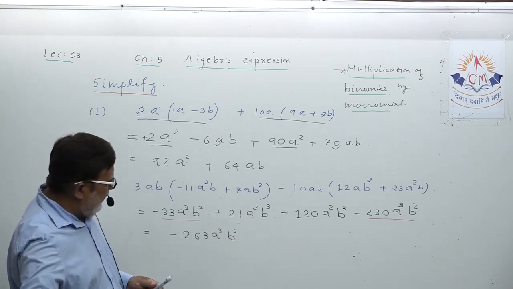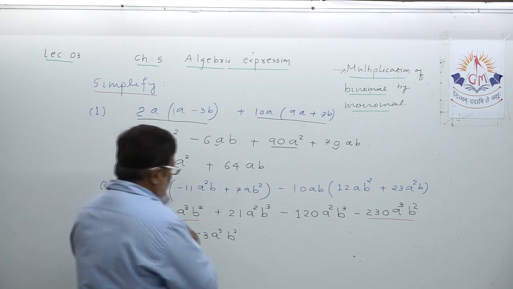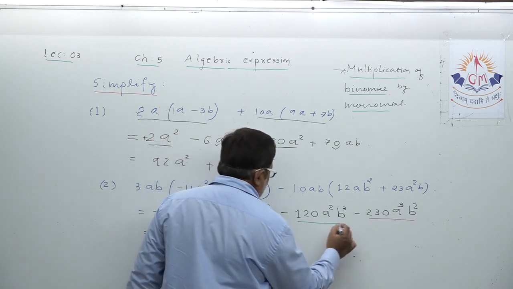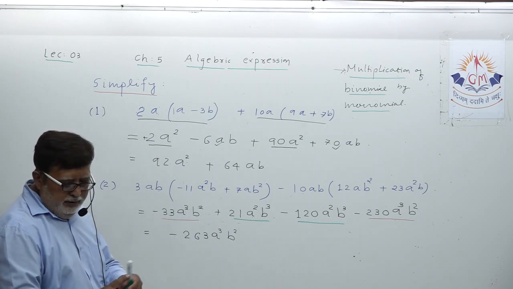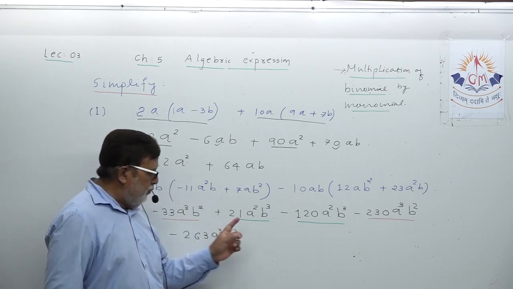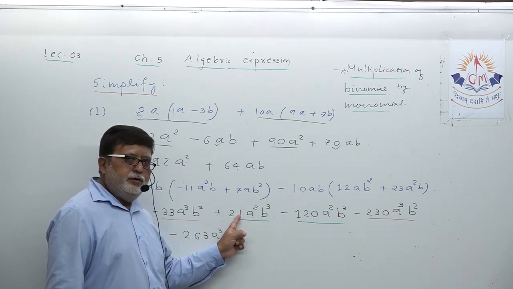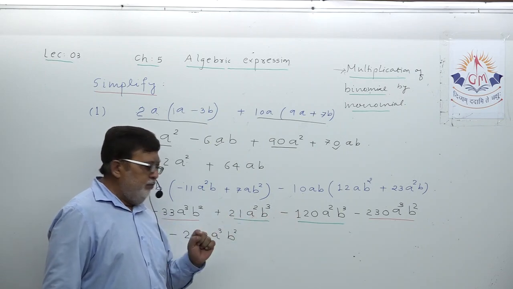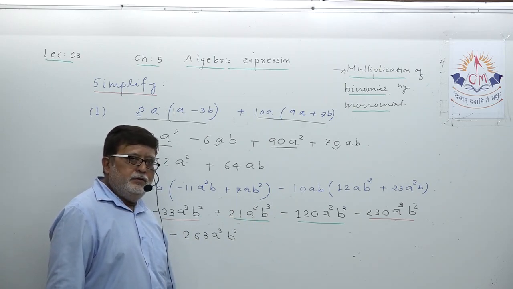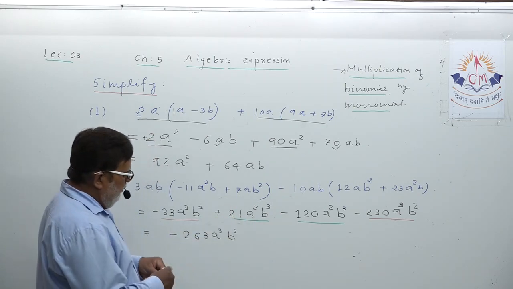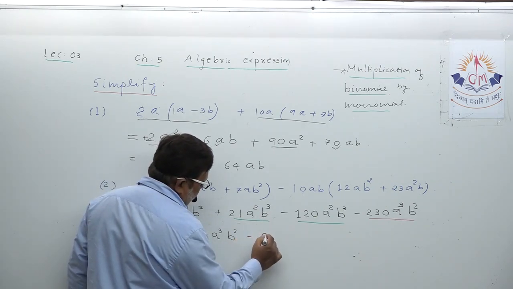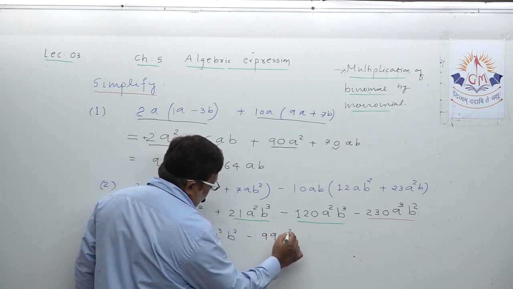Now another like term, if you can verify here, 21 a square b cube minus 120 a square b cube. Again verify, dear student. This is positive, plus minus minus 120 minus 21, that is 99, but the sign of the greater number, minus 99 a square b cube.